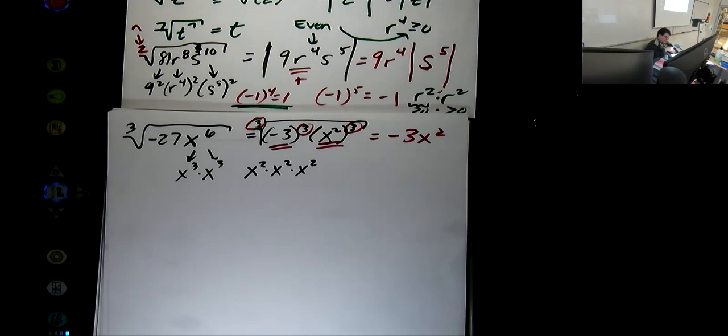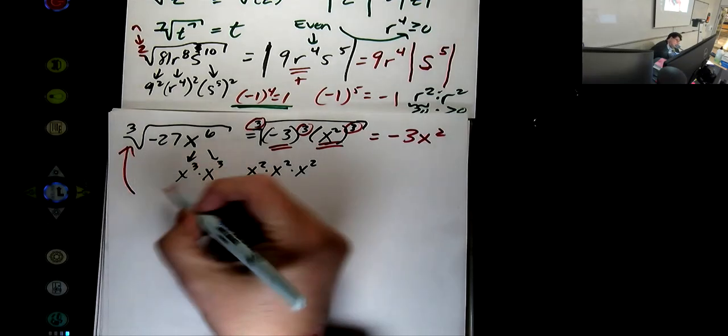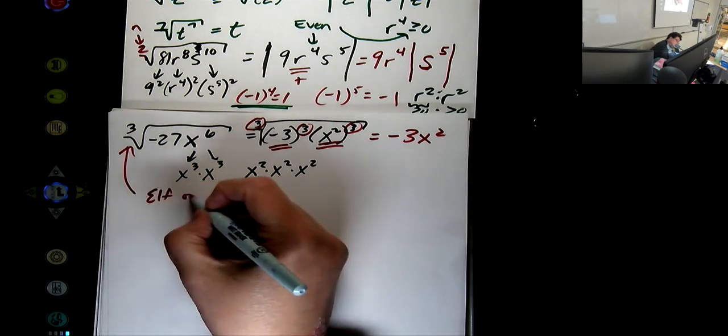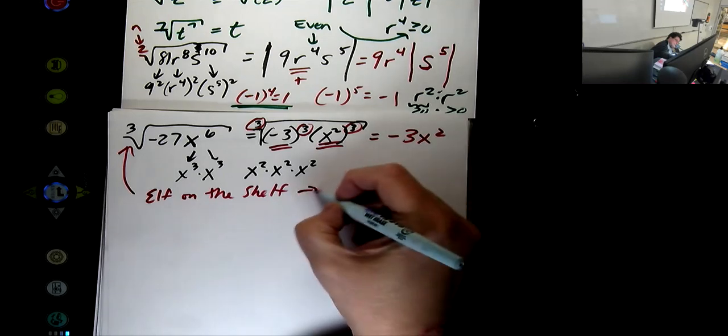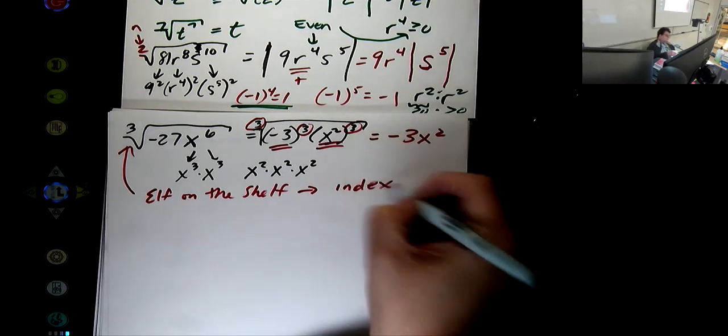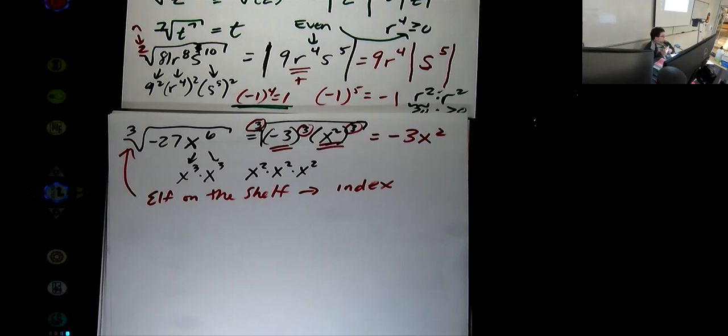So we're always looking at the elf on the shelf. The math term is the index. If it's even, we kind of want to do that absolute value rule.